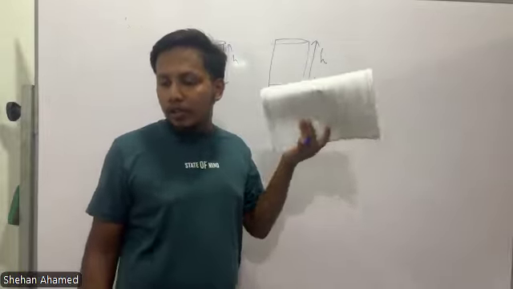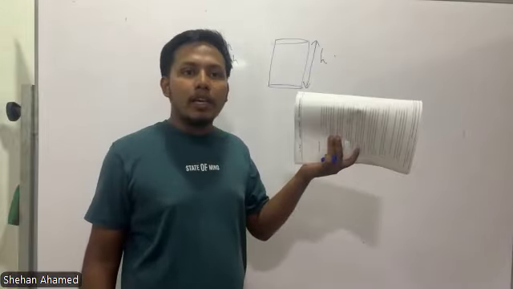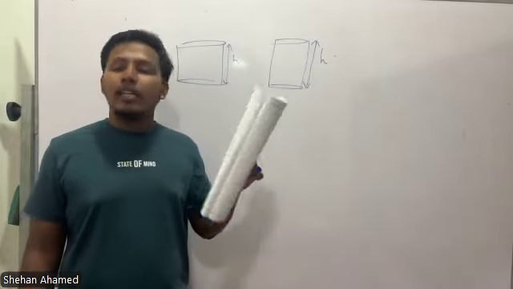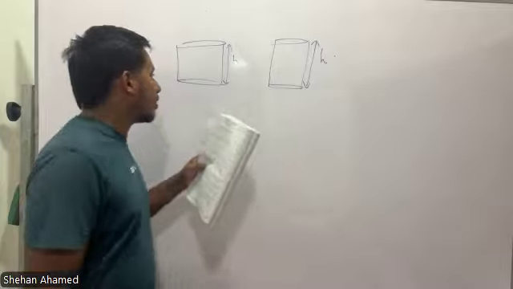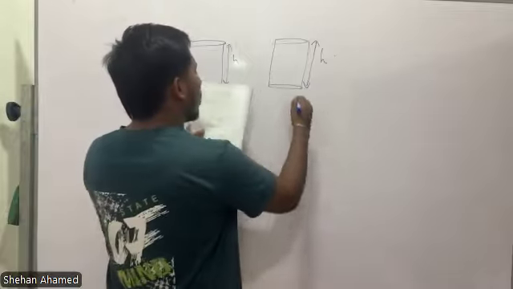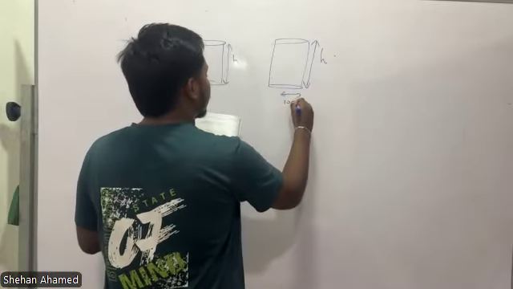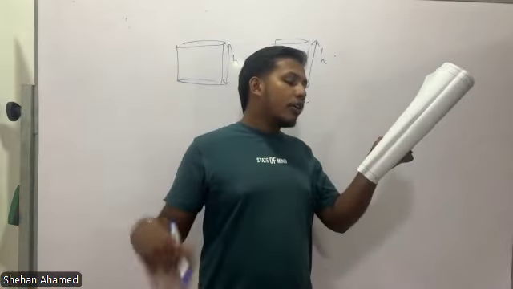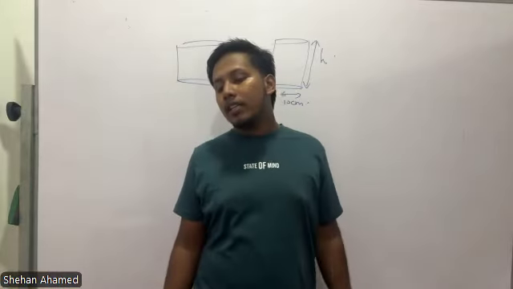Now, out of these two cylinders, there might be a cylinder which is small. So the smaller cylinder's radius is 10 centimeters. Out of this, the smaller cylinder is this, which I'm going to mark as 10 centimeters. The volume of the larger cylinder is 4 times the volume of the smaller cylinder.